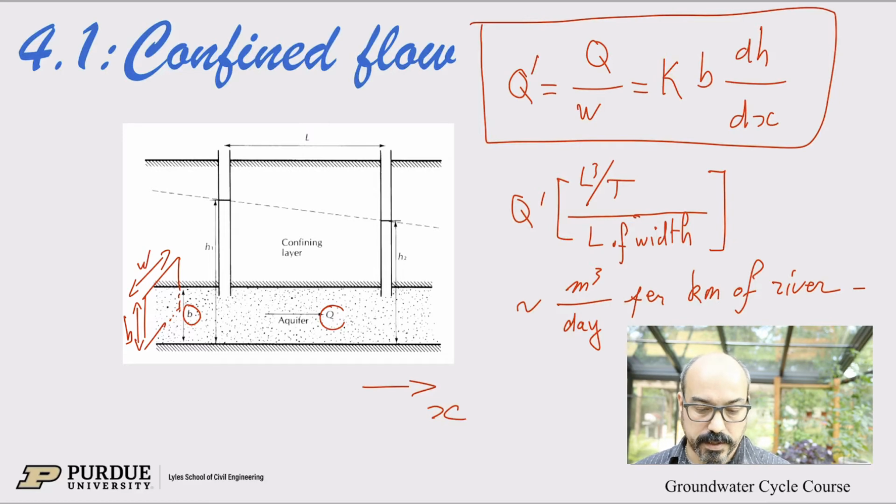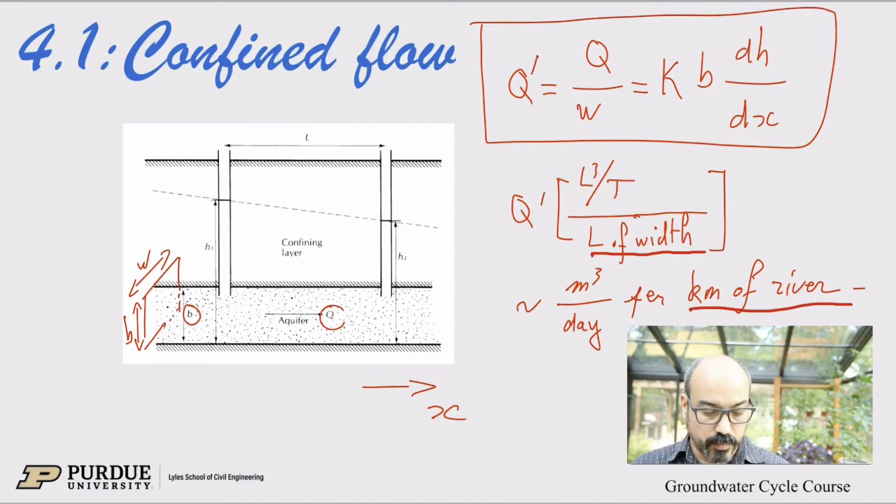So this is what I'm restating here. You can see the units. If we take the units of Q prime, it's length cubed per time. So let's say cubic meters per day, or million gallons per day, or whatever units you want to put, per length of width, the length of that W unit. So if there's a river, for example, that can be per kilometer of river.